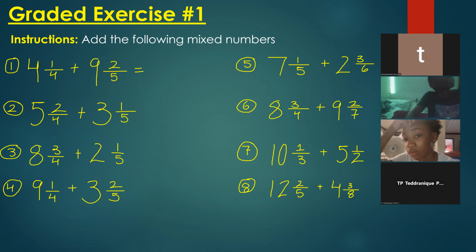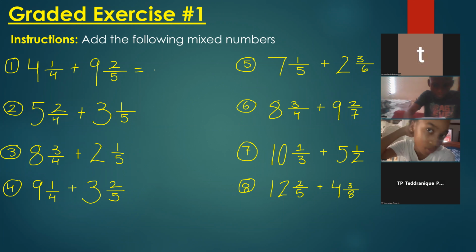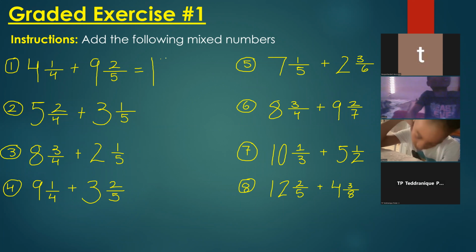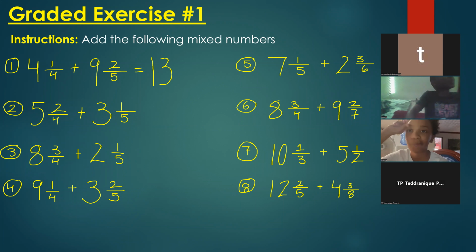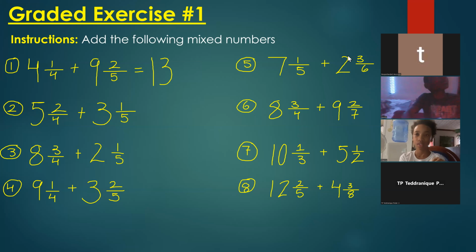Yes, sir. So you add 13 over 20. How you get 13 over 20? You get 13 for your whole number. What you get for your fraction? DeAndre, what you get for your fraction? 20. No. You missed out something.